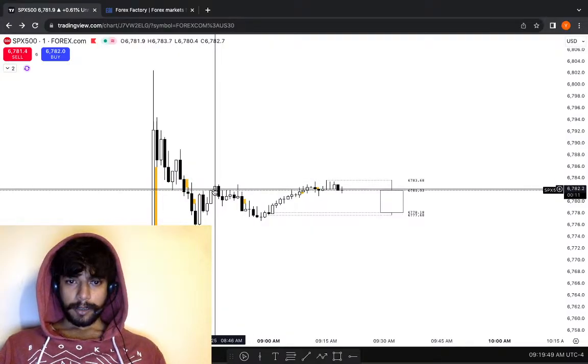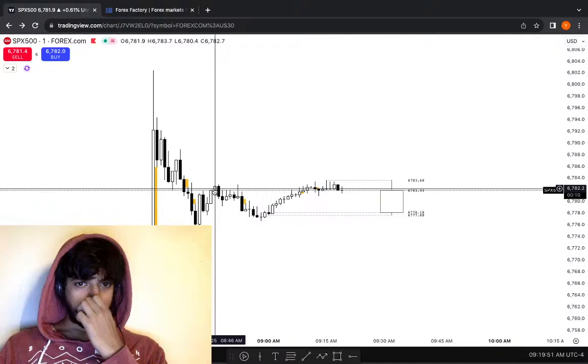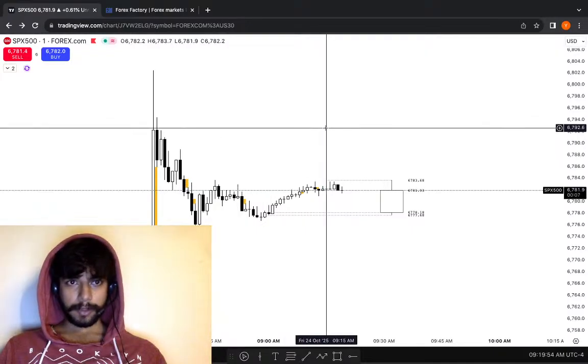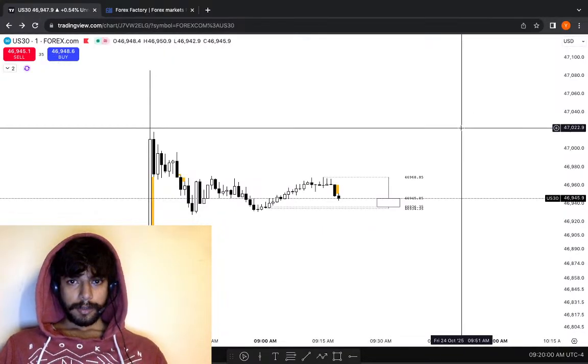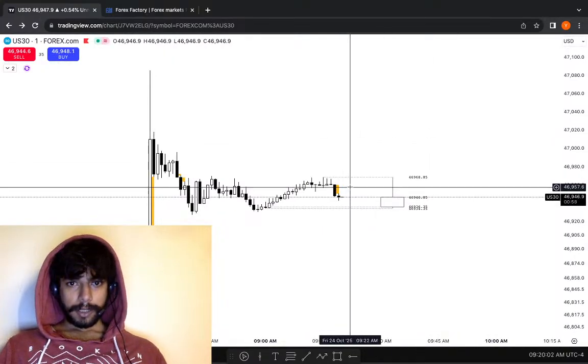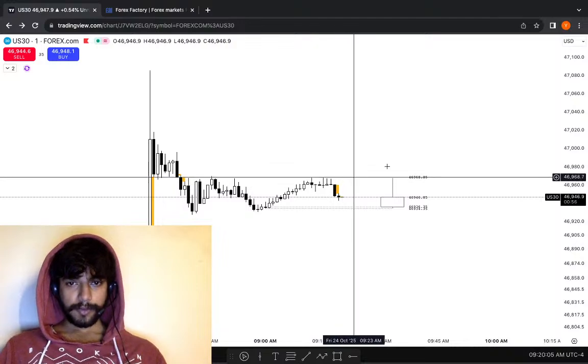The high here on S&P at 846 is 783.7. So it did not take those highs yet. Yes, okay, US 30 is moving lower.